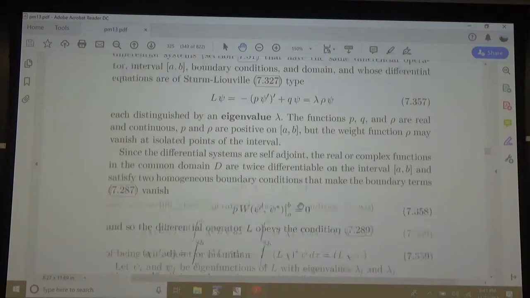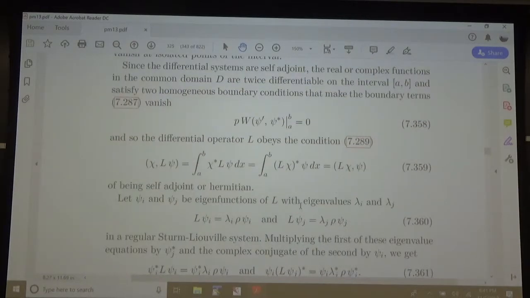And since the differential systems are self-adjoint, the boundary terms vanish, and so the differential operator obeys Green's equation effectively, where it's manifestly self-adjoint.